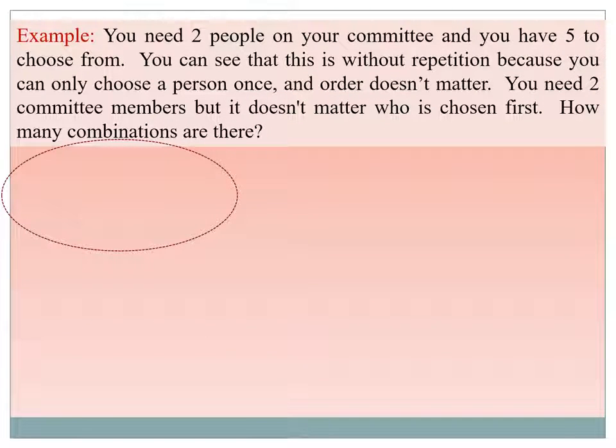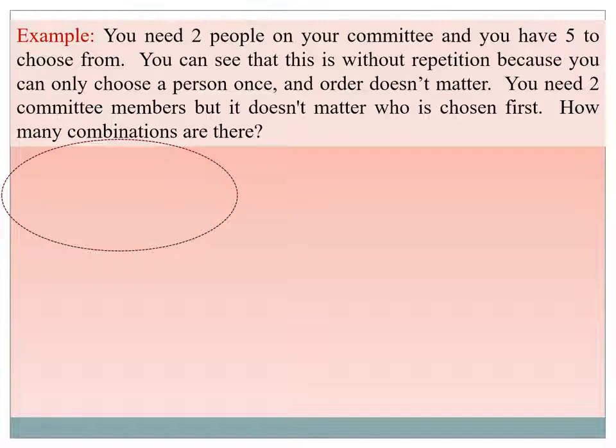A simple example: you need 2 people on your committee and you have a total of 5 to choose from. It is without repetition, because you can only choose the person once. The order doesn't matter. You need 2 committee members, but it doesn't matter who's chosen first.